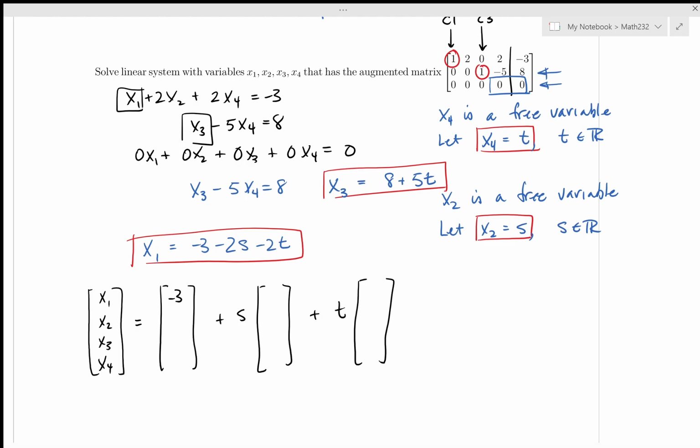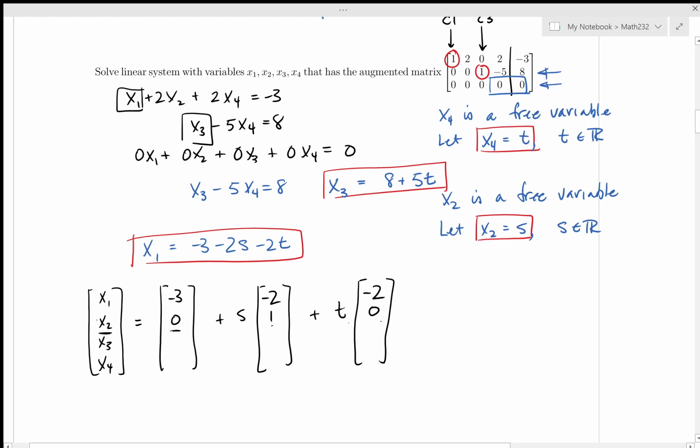Okay, and I see that x1 is minus 3 plus minus 2s plus minus 2t. What is x2? x2 is equal to s. So just reading across, x2 equals 0 plus s times 1 plus 0 times t.